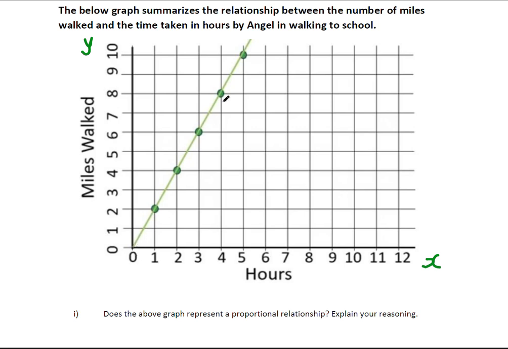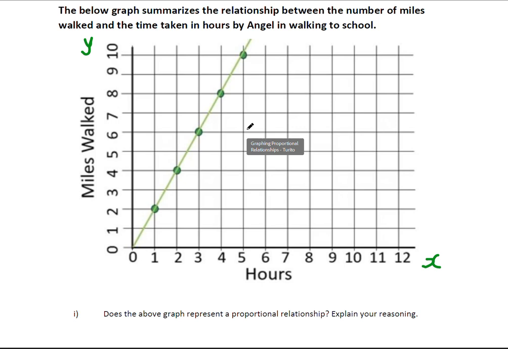It's a positive linear relationship, which means that the more hours that Angel spends walking, the more miles he will cover. In other words, both variables increase together.